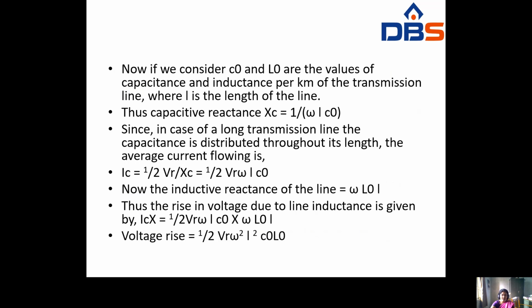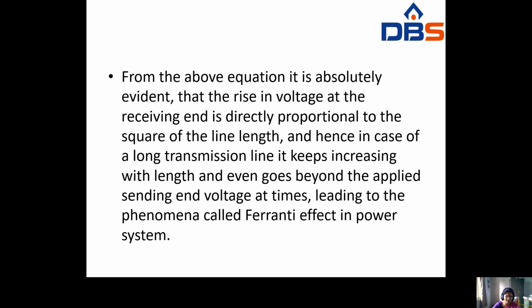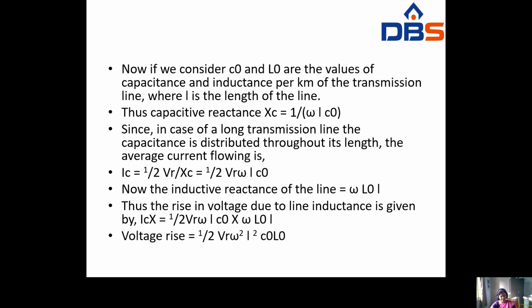Now consider C0 and L0 as the values of capacitance and inductance per kilometer length of the transmission line, where l is the length of the line. At that time the capacitive reactance XC equals 1 by ωlC0.